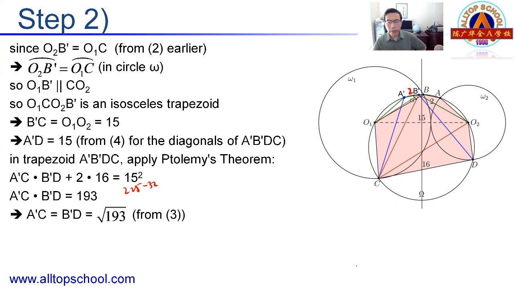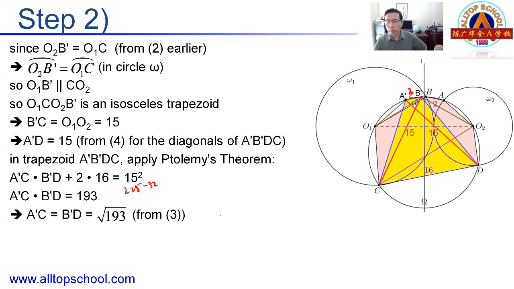So we figure out the leg of this trapezoid, A prime C and B prime D, is the square root of 193. Okay, that completely solves this trapezoid. The leg we figured out is the square root of 193.